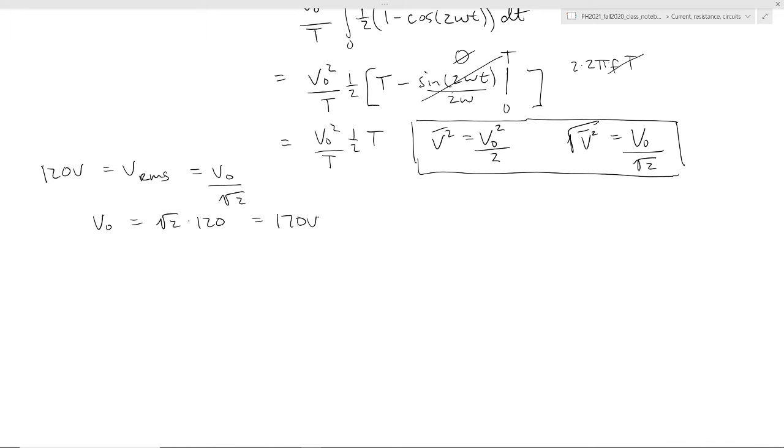Okay. So what else did I want to mention about this? So of course this would be the same situation for current. Same math. In other words, IRMS is going to equal the maximum current over root 2.